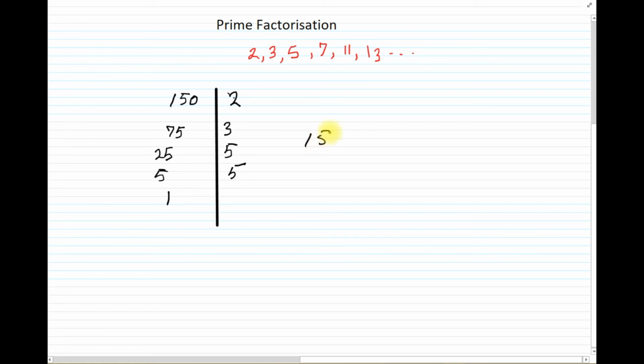So 150 can be written as 2 times 3 times 5 to the power 2. That means 2, 3, 5, and 5 are the prime factors of 150.